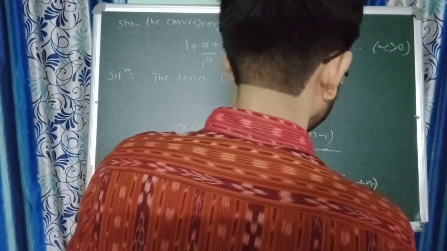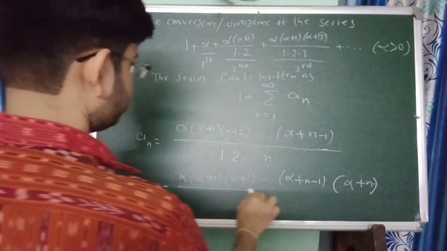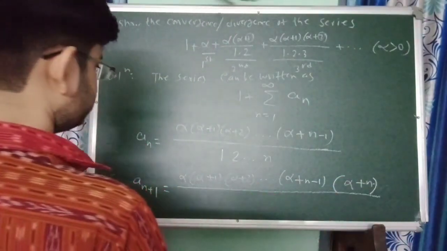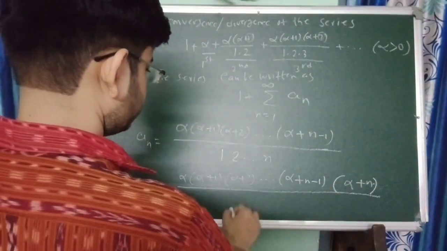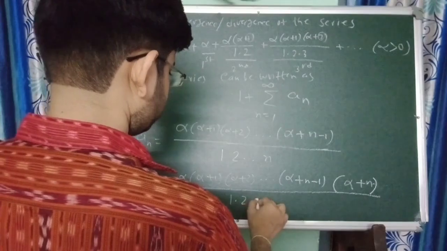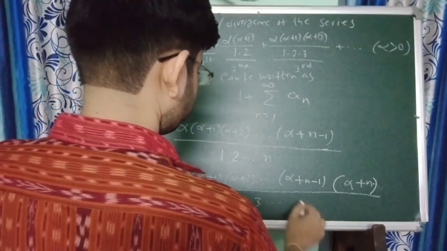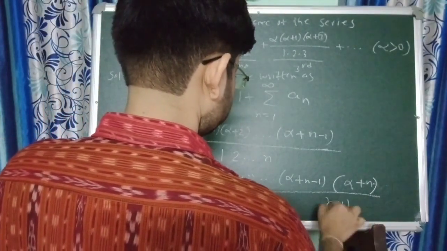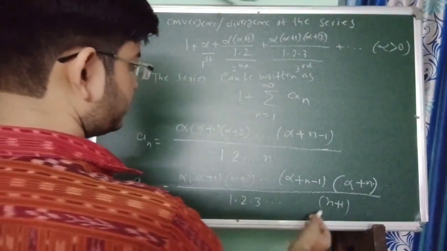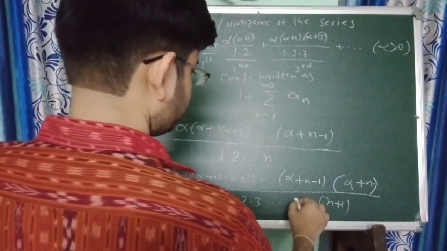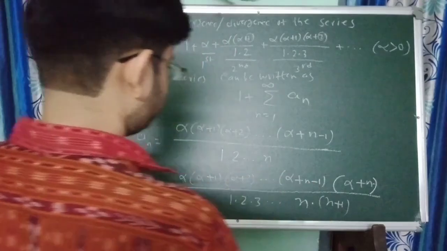So this is only alpha plus 1, and in the denominator part, replace n by n plus 1, that is 1 into 2 into 3 up to the last term, replace n by n plus 1, and the preceding term of the last term is n.